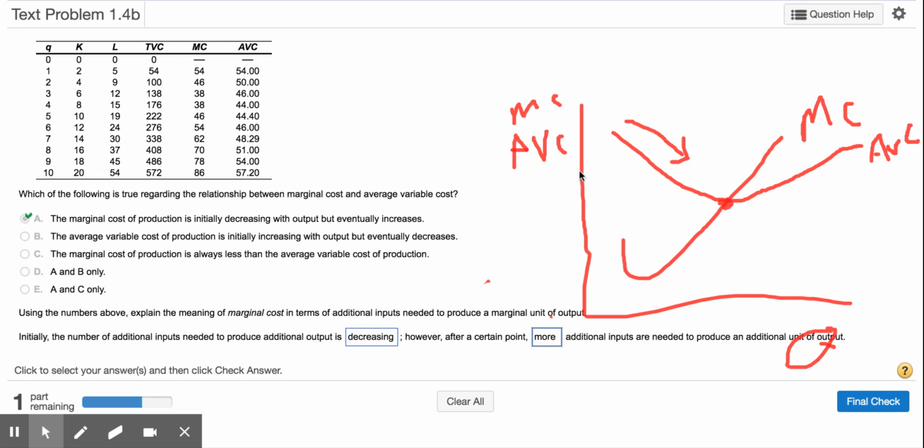You can look at the average product curve and the marginal product curve, which is the dual picture of this. Basically, if we move from point 4 to 5, the cost increases, which means that we need more input to produce one additional unit of output.